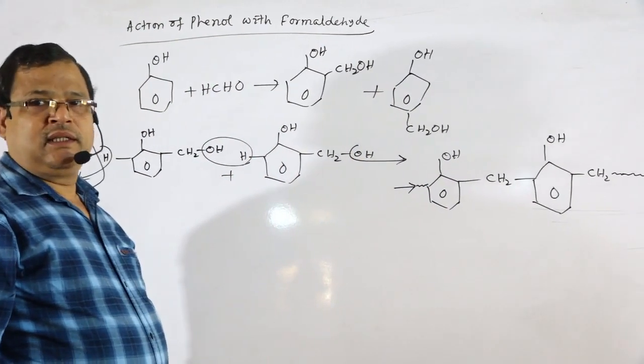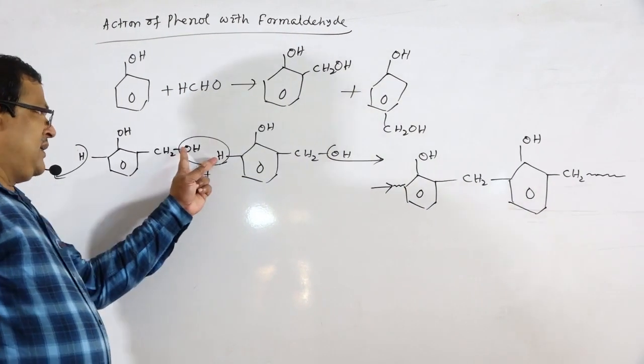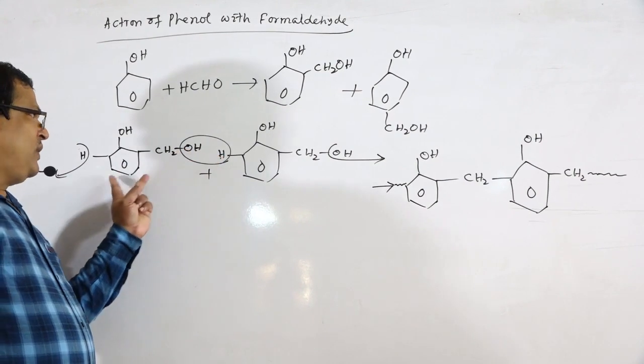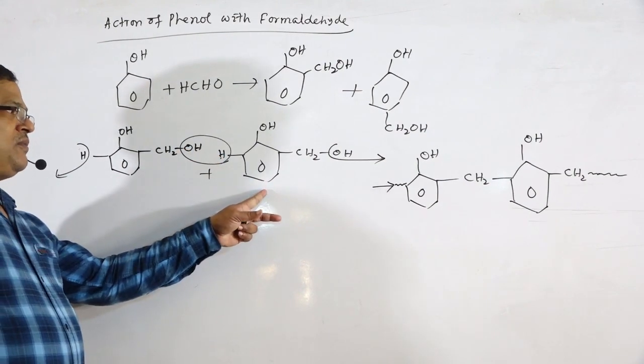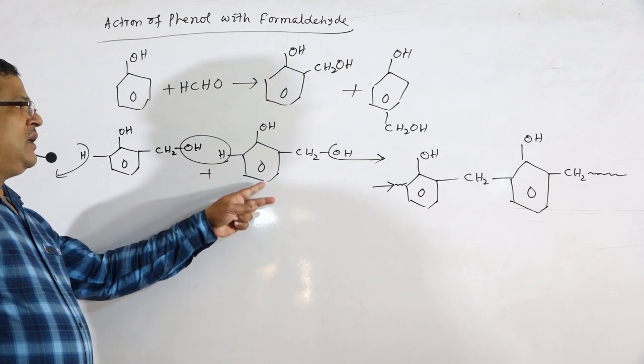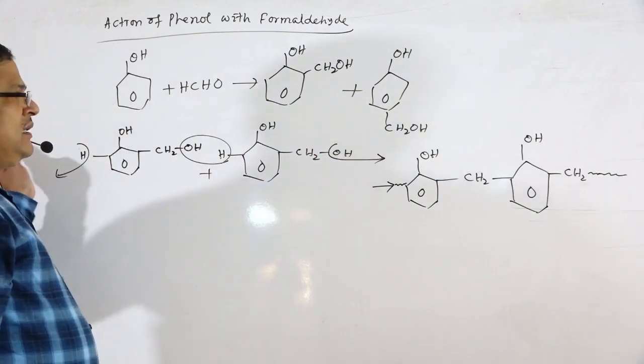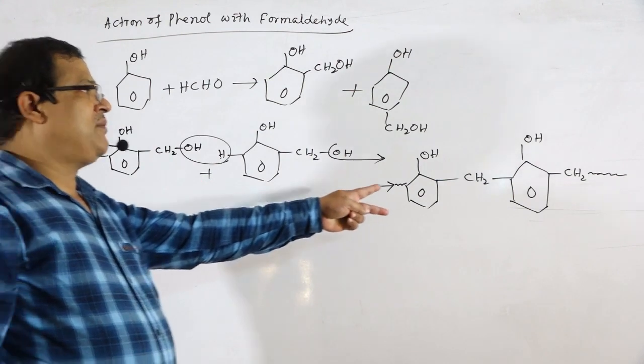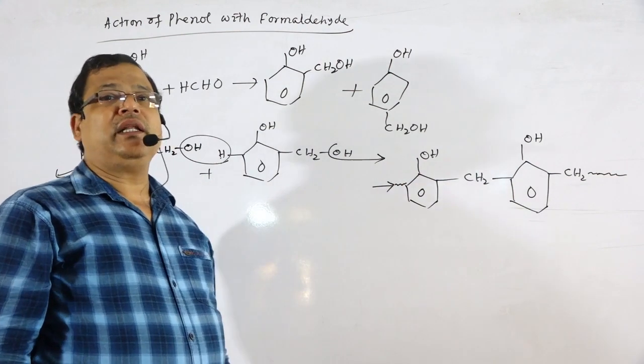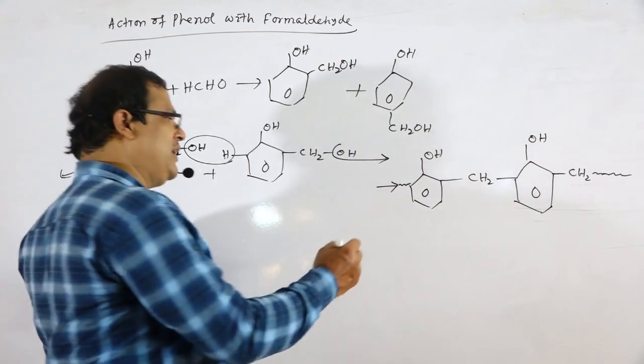H and OH combine to form water. We have written 2 molecules of the ortho product, and the ortho product again combines, and again. So there is the formation of this type of compound known as a linear polymer.